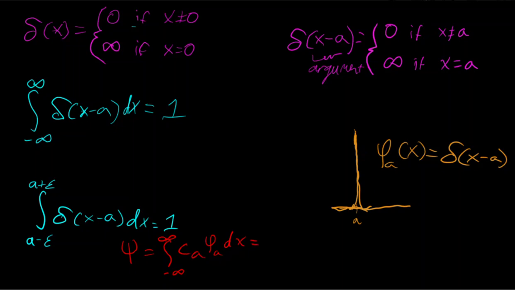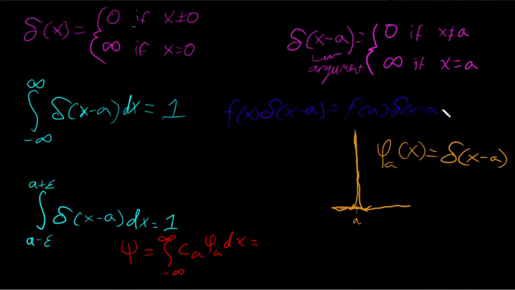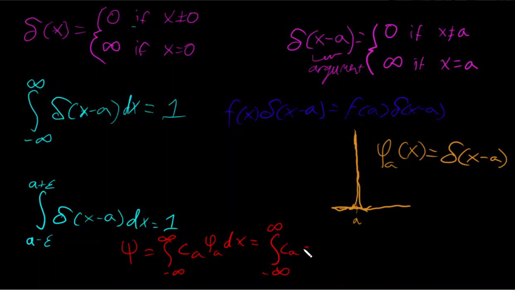And I'm going to rewrite the property I forgot, I do need to keep this up here: f of x times delta of x minus a is equal to f of a times delta of x minus a. So, back down here in our red, this is equal to, in this case, the integral from negative infinity to infinity of c sub a delta of x minus a.